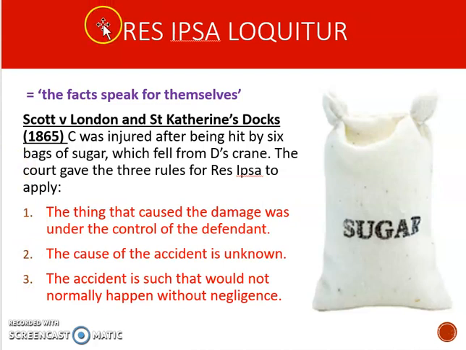Res ipsa is like a tag-on little rule that we always deal with when we're looking at damage, but it doesn't tend to come up in that many scenarios. But the thing causing the accident was under the control of the defendant, the cause of the accident was unknown, and it wouldn't normally happen without negligence, as illustrated by a huge bag of sugar falling from a crane.